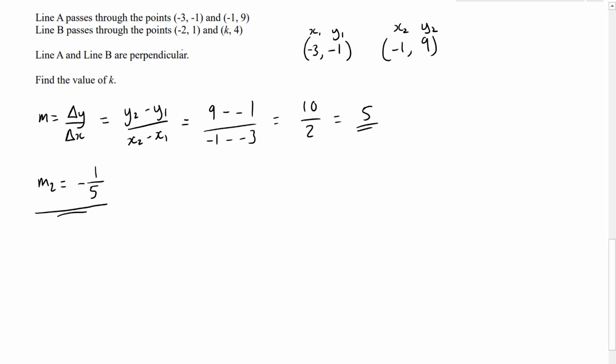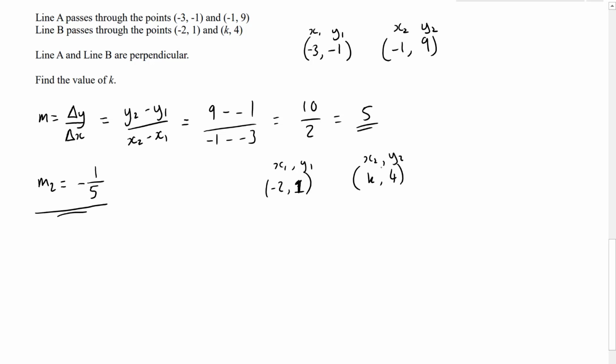But we can use this same equational form here to be able to solve this equation for k. So let's call minus 2 and 1 x1, y1, and k, 4 is x2 and y2.